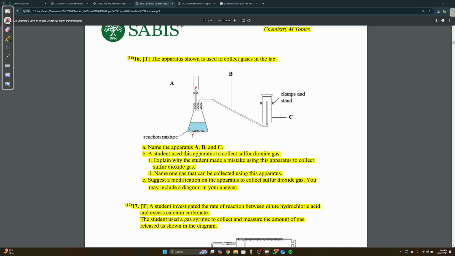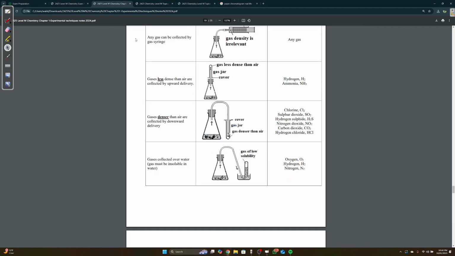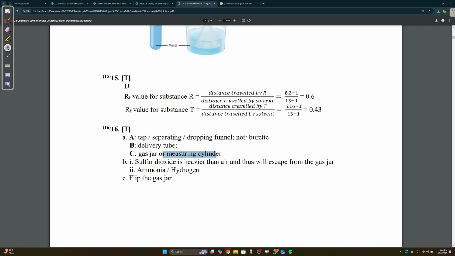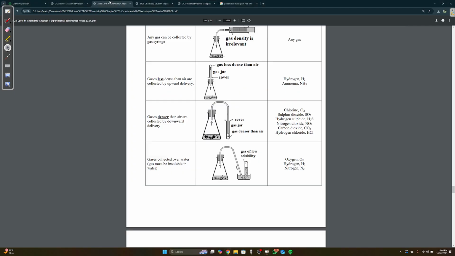You're dropping maybe some of the reactants in, and when you drop these, they're gonna react and form a gas. That gas flows through the delivery tube into over here, which looks like an inverted cylinder. What did they say here? Inverted measuring cylinder. And yeah, inverted cylinder would be correct. So measuring cylinder, inverted graduated cylinder, inverted measuring cylinder.